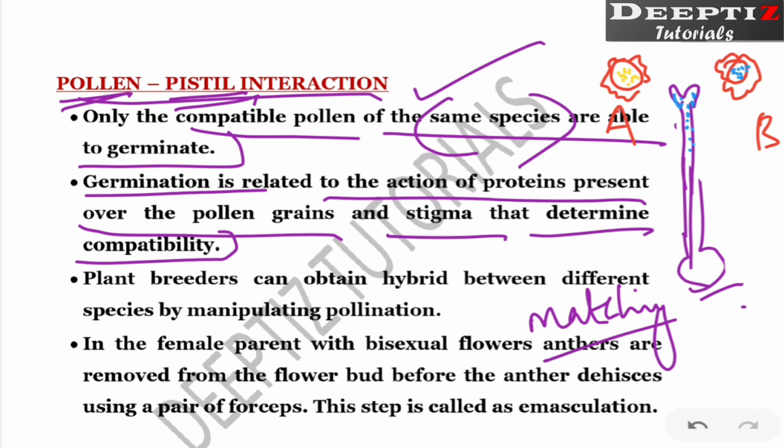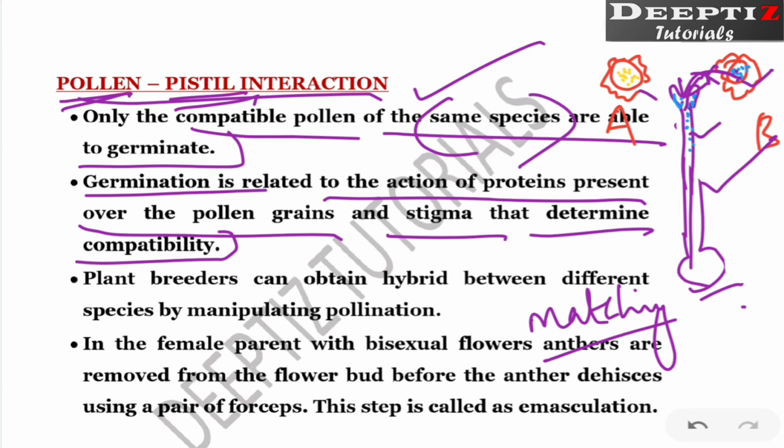Now if you look at these two diagrams, you can understand that the protein which is here and the protein which is there inside, both I have drawn in blue, right? These are of almost the same type. They have some kind of matching. This is what we call compatibility, which means when this pollen falls on the stigma, there is a chance that the pollen tube growth will be there.